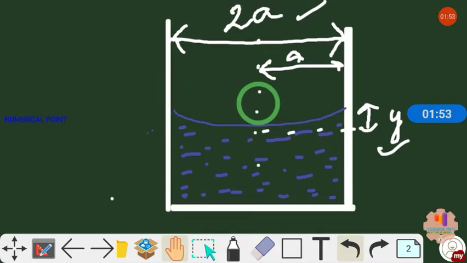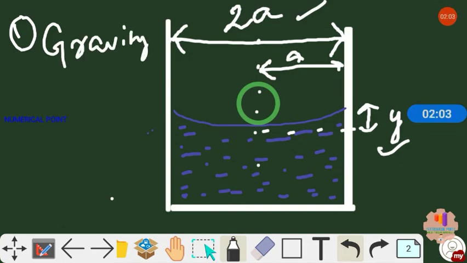One is gravity, and the other is the surface tension. Gravity will act perpendicularly downward to the surface. So let's first show the gravity.